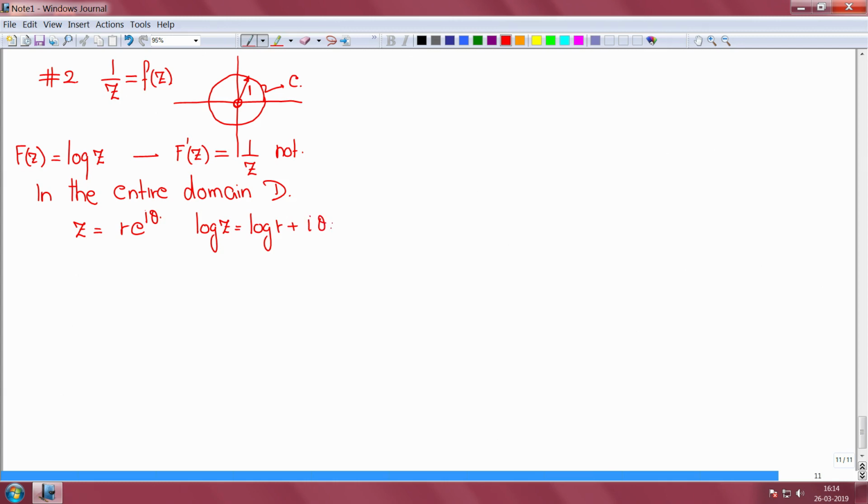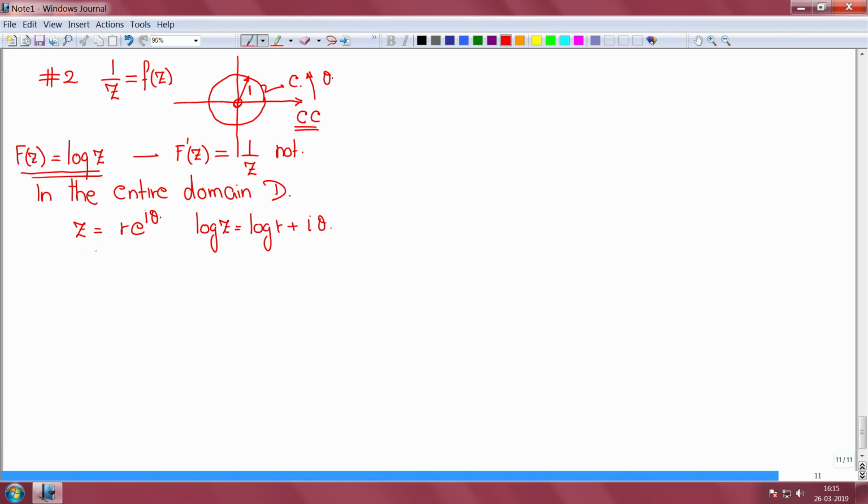So we are examining the antiderivative, looking at its behavior. As we move on the circle of radius r or radius 1, log of z is log r plus i theta. Theta we start measuring from the real axis, and for us counterclockwise is positive always. In complex variables counterclockwise is always positive.